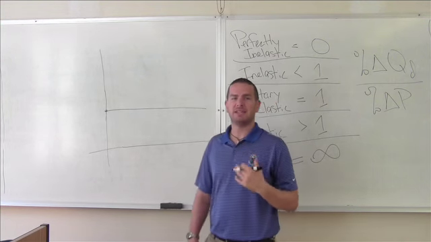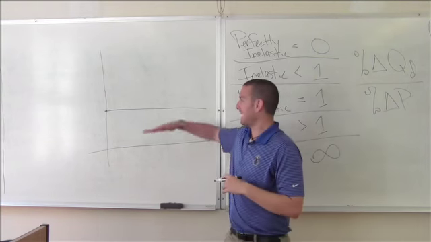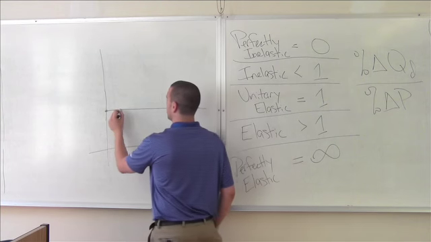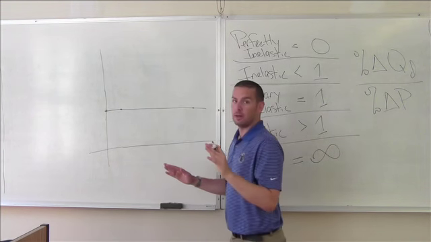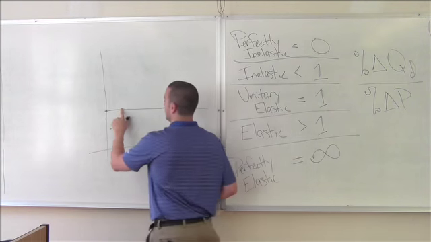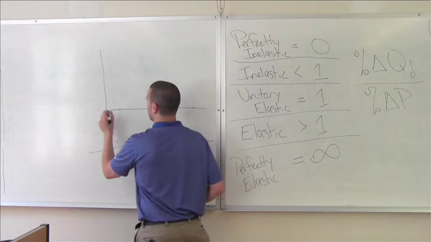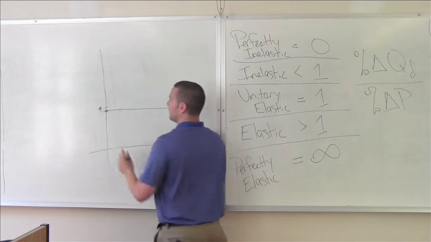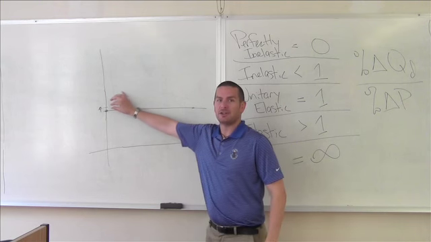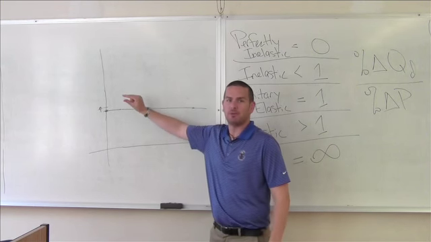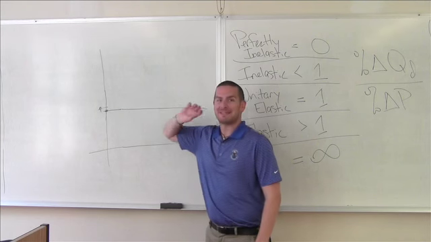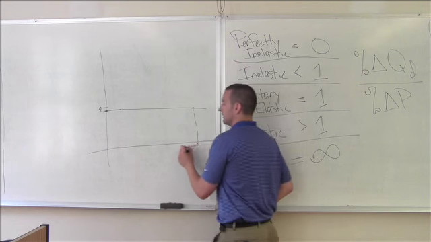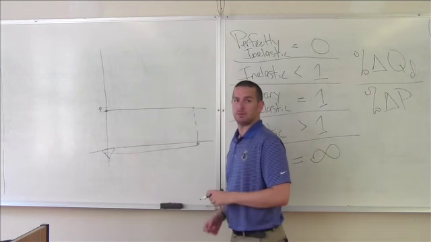A perfectly elastic demand curve is exactly horizontal, which means that if the price goes up at all, I shouldn't even put it there. Leave it here. If the price goes from here to here, which is a tiny increase of price, it's only a half inch on the board, the quantity goes all the way from here to 0.